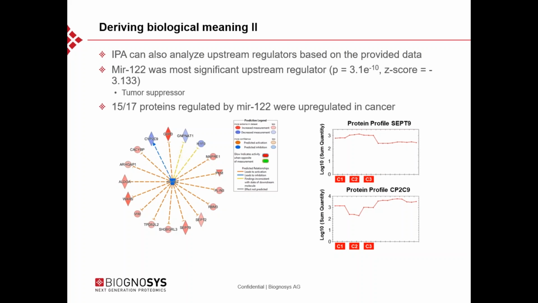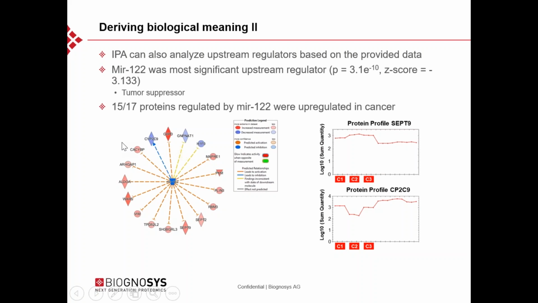The most significant upstream regulator that we found affected in these data sets is the microRNA miR-122, which is a known tumor suppressor. And of course, if you're deregulating a tumor suppressor, then the proteins that are downstream of these regulators are also either up or down regulated, as depicted here in the left image.